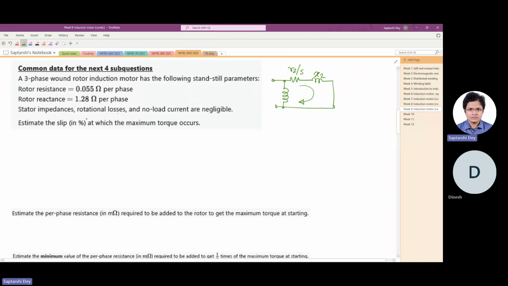And even after that, they are saying no load currents are negligible. That means XM is also not drawing any current, meaning XM tends to infinity. So we don't have to even consider this. What we are left with is simply this.